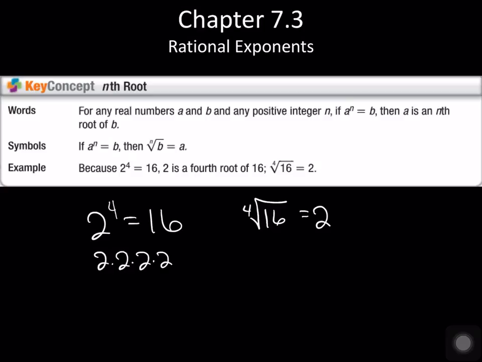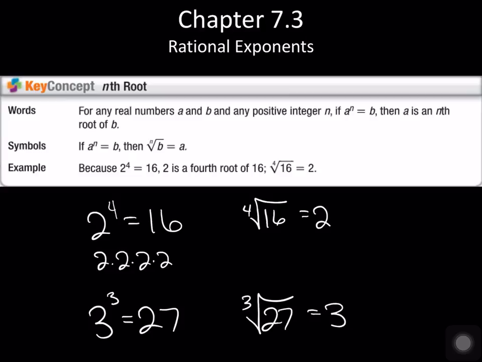That's the inverse operation. Powers and roots undo each other. So if we had, say, 3 cubed equals 27, so we know that the cube root of 27 is 3. Okay, so we can take the nth root, and what that does is it gets us back to the base that would have that same exponent.